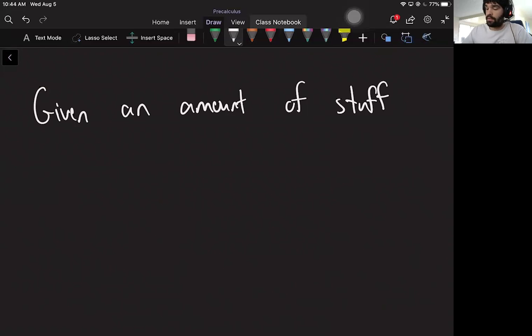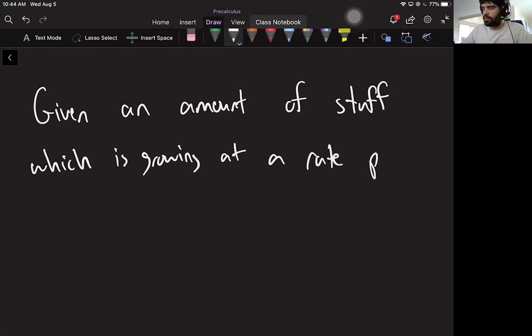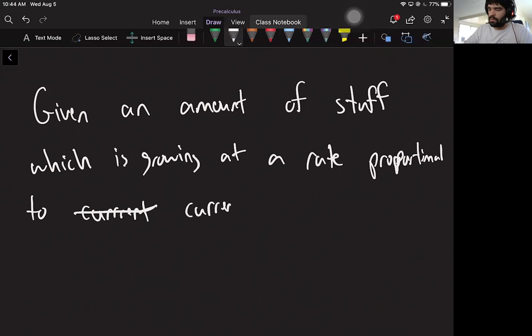But the point is, if it's any sort of stuff that can grow at a rate proportional to how much there currently is, proportional to the current amount of it. There's too many R's in that word, current amount of it.